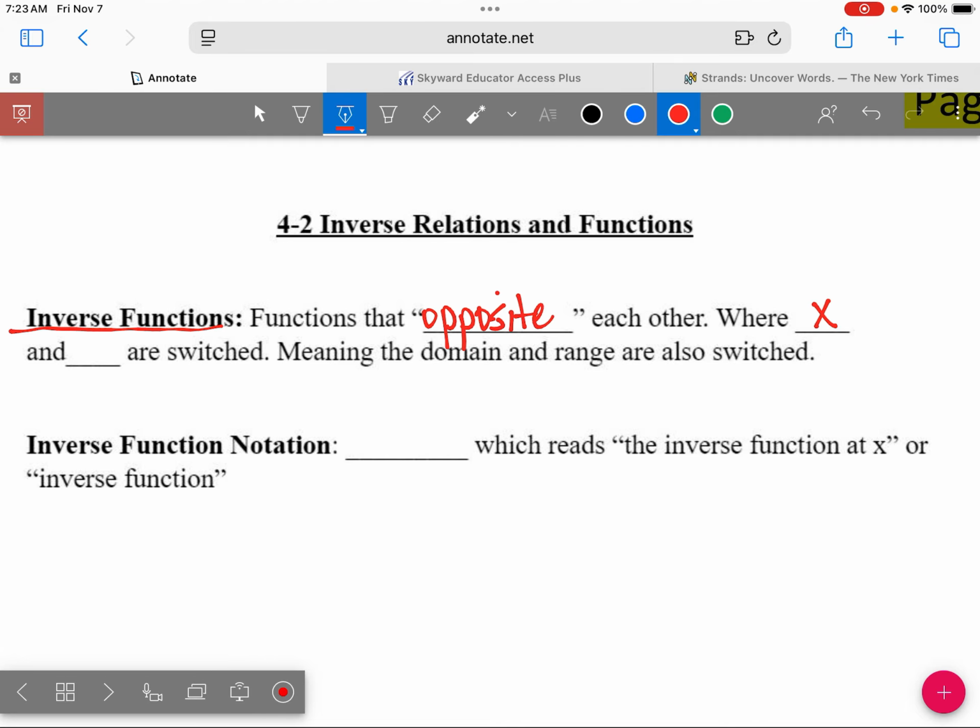And in order for them to be opposite, the x and y values are switched. And when you put it in inverse function notation, you put that little -1. This -1 means inverse. That's not an exponent. So that's how you show that they're inverses, by putting that -1 next to it.